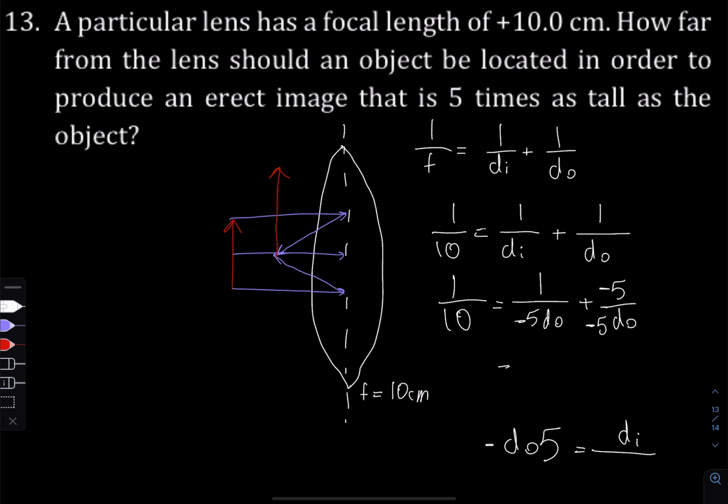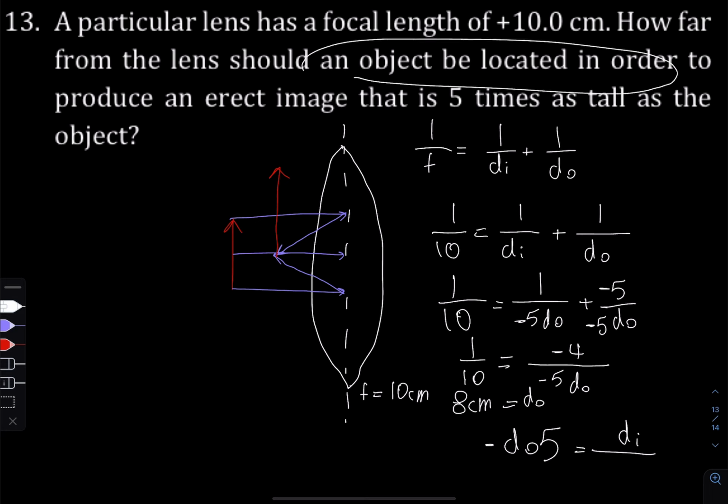Now we have a common denominator, we can add those up. So that'll be negative 4 equals negative 5 over do. And then we can solve for do, which is 8. So the distance of the object is 8 centimeters. And they're asking how far from the lens the object should be placed, so the distance of the object is the answer.